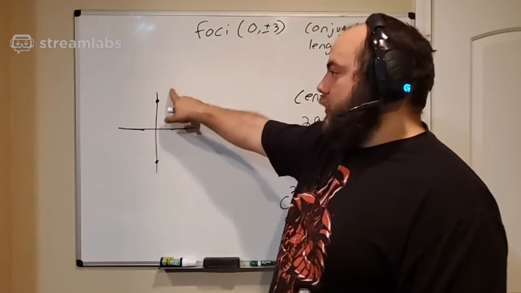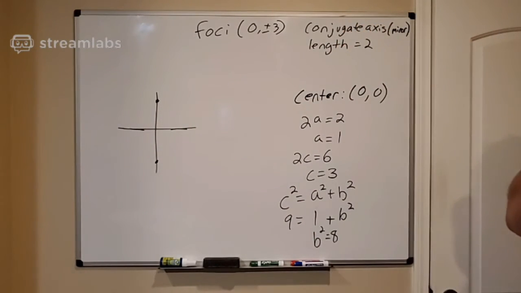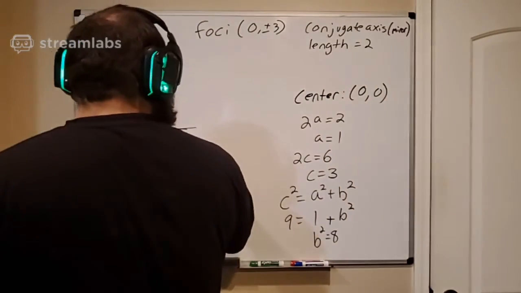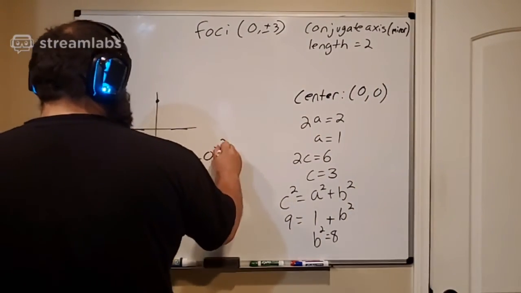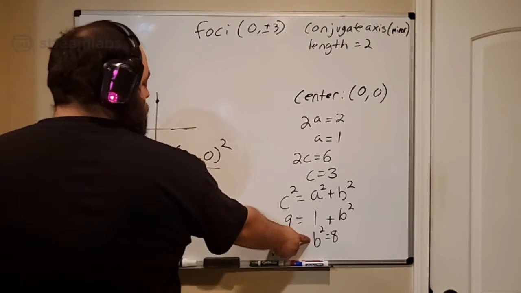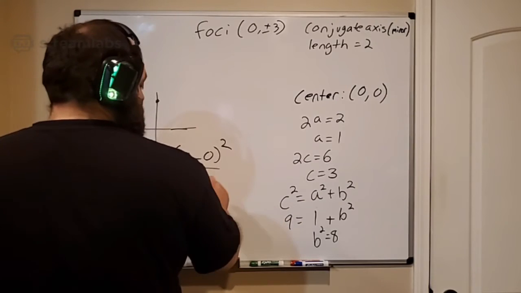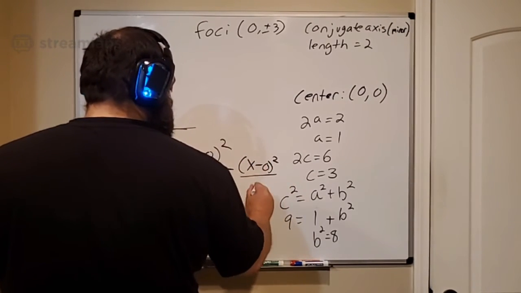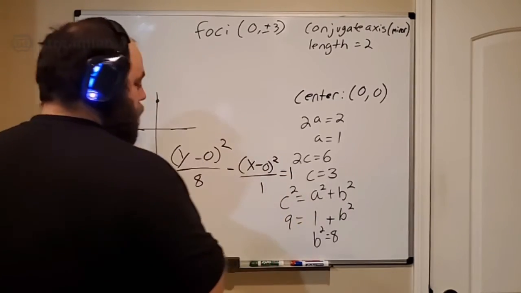It opens up and down, which means my first variable has to be y. So it'll be y minus 0 squared. B always goes with y. Make sure you understand B will always go with y. So B squared is 8 minus x minus 0 squared over 1 squared. And the answer, remember, in hyperbolas and ellipses, it will always be equal to 1.